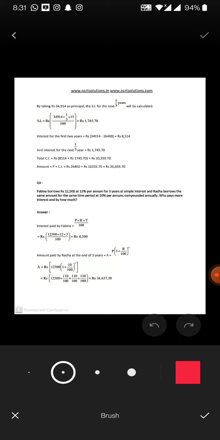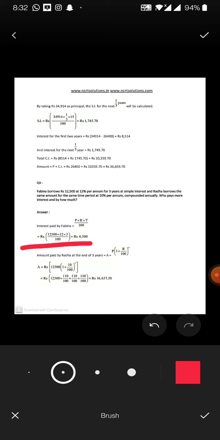So first of all we need to calculate the simple interest. The simple interest is P into R into T by 100. P is the principal 12,500, rate 12 and 3 years, divided by 100. We get 4,500 as simple interest. Now we need to calculate the compound interest for Radha.